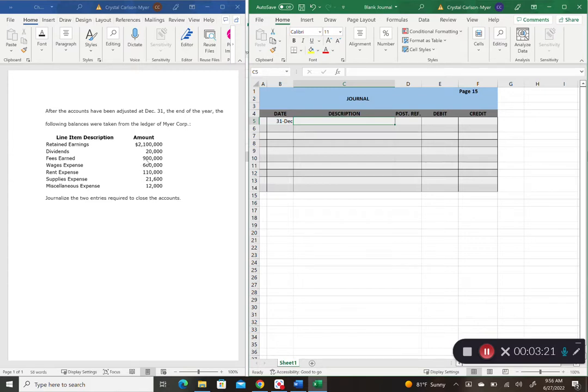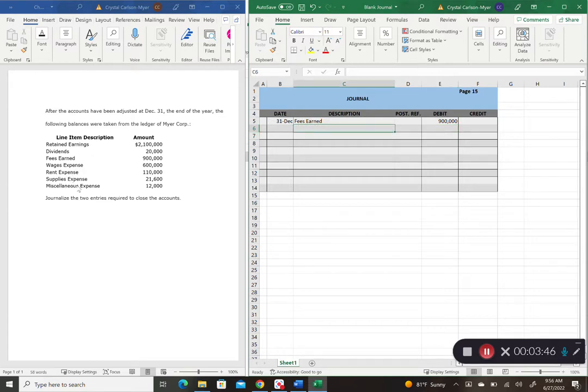To close out a credit account, we're going to debit it. So we're going to go ahead and debit fees earned for the full amount. It right now has a balance of 900,000 and I need to make that zero going into next year. So I'm going to debit it for the full 900,000. Oops, I did 90,000, of course. All right, so I closed out my revenue.